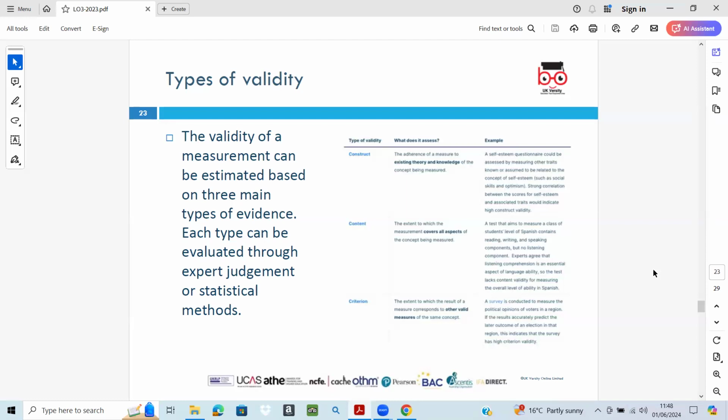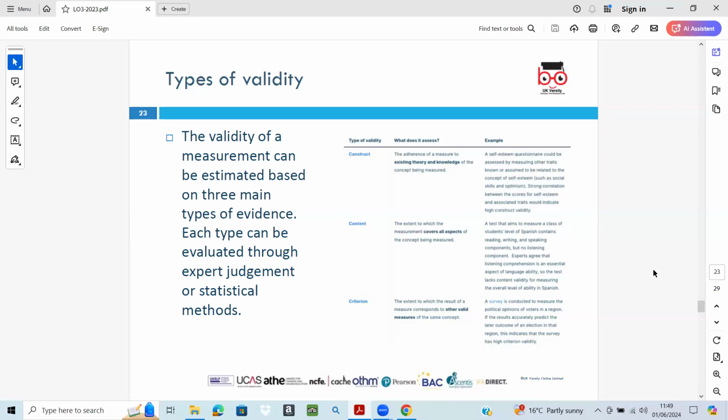So we have content validity. Okay. So content validity pertains to the extent to which a measurement tool adequately covers the content domain it is supposed to measure. So it involves evaluating whether the items included in the measurement instrument represent the full range of the concept being studied.